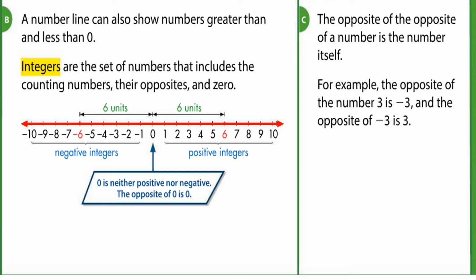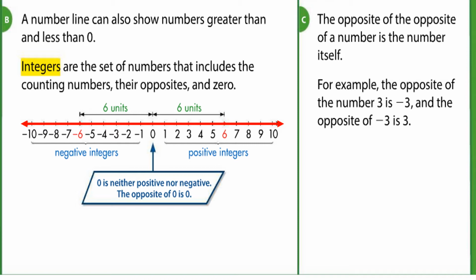And as I said, the integers are the set of numbers that includes the counting numbers 1, 2, 3, 4, 5, and so on, and their opposites, which are -1, -2, -3, and so on, and 0. If you look at that number line, you will find 0 in the middle, and the numbers on the right of 0 are called positive numbers, or the counting numbers. On the left of 0, you can find many numbers which are called negative numbers, which are less than 0. So any number on the left of 0 will be less than 0, and any number on the right of 0 will be more than 0.